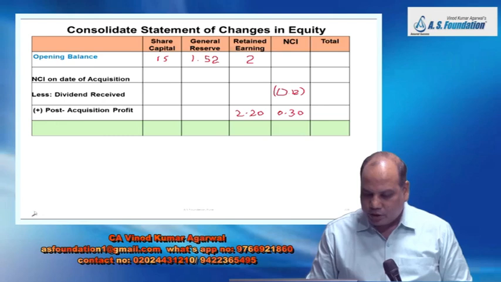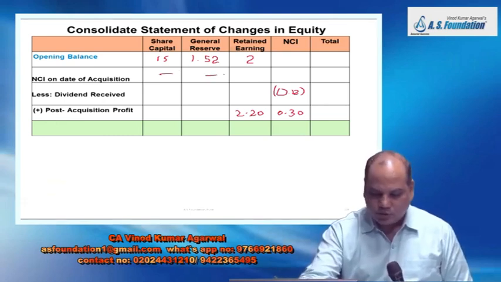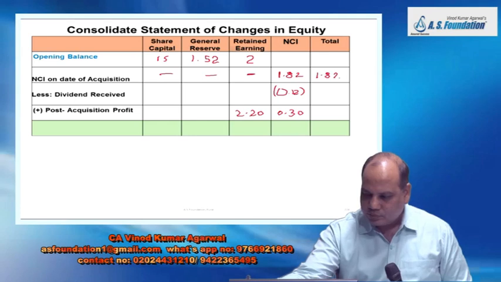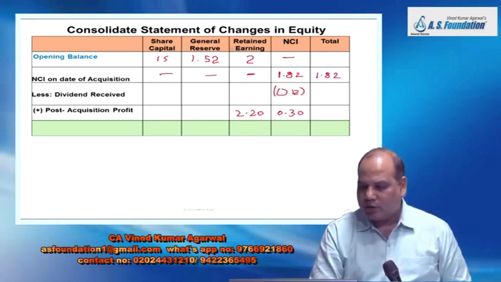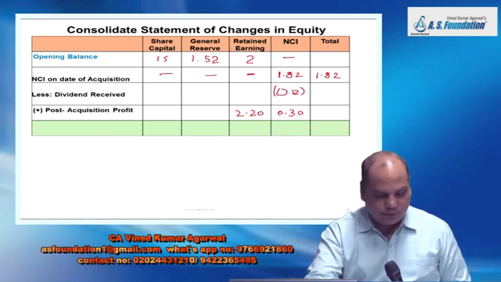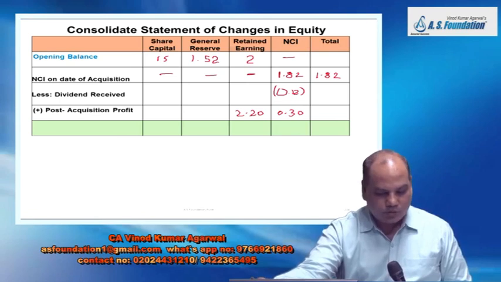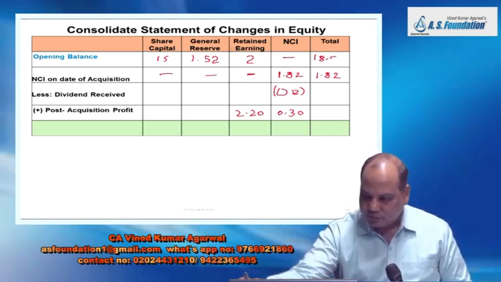Then you come to this SOCIE. NCI on the date of acquisition, right? How much was NCI on the date of acquisition? 1.82. Is it right? You can write separately or you can write in first line. So tell me the total of each line first. 15 plus 1.52 plus 2 is how much? 18.52.